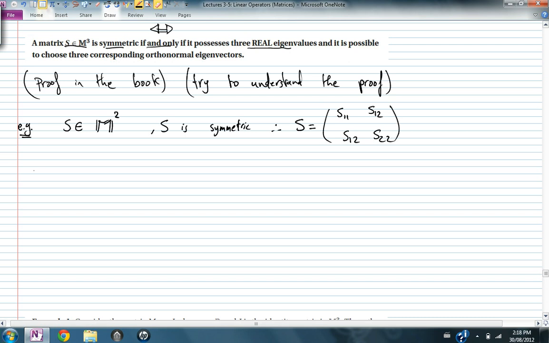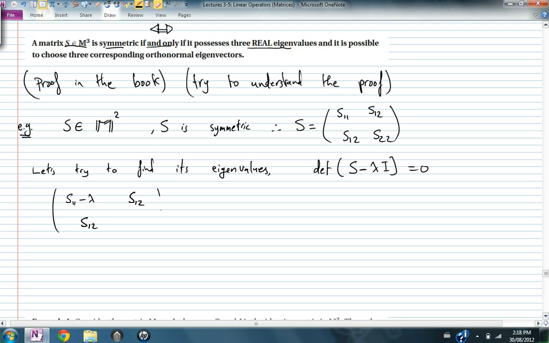Let's try to find its eigenvalues. So to find the eigenvalues, we would say the determinant of the matrix S minus lambda I is equal to 0, which means S11 minus lambda, 0, S12, S12, it's symmetric, so the off-diagonal components are the same, S22 minus lambda.